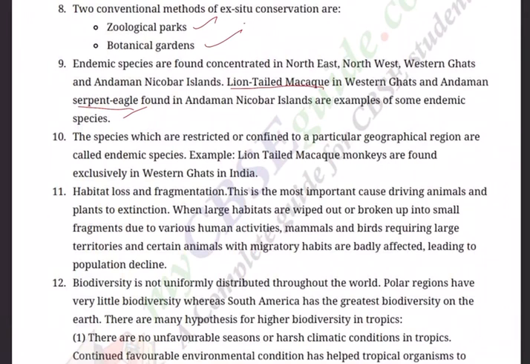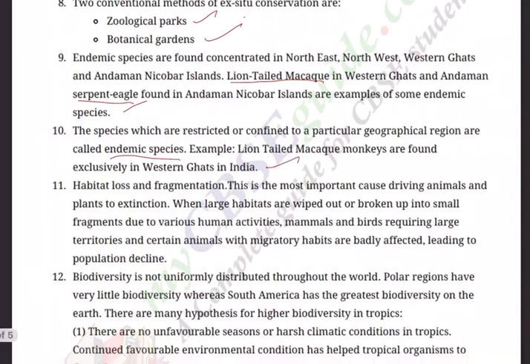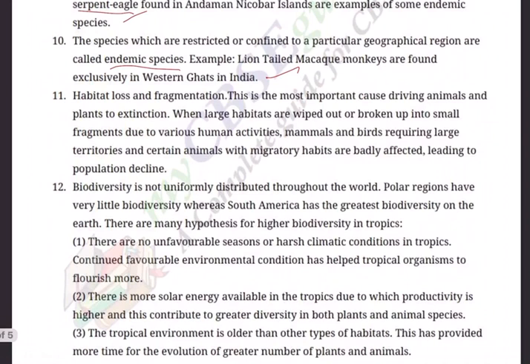Question 10. The species which are restricted or confined to a particular geographical region are called endemic species. Example, lion-tailed macaque monkeys are found exclusively in the Western Ghats of India.